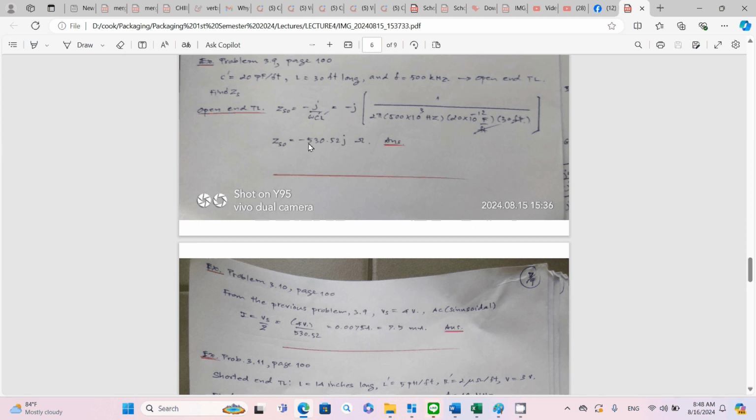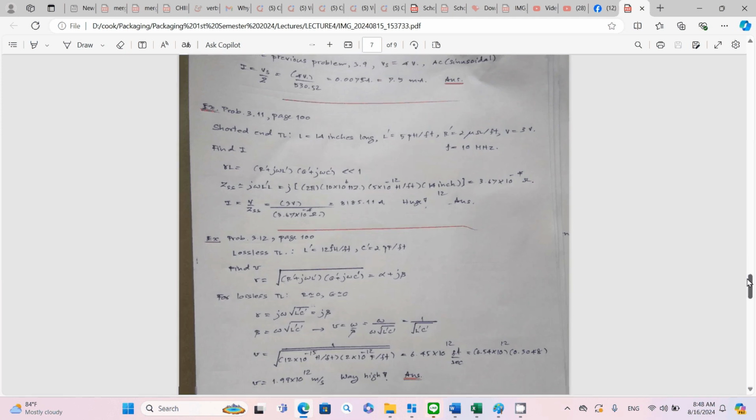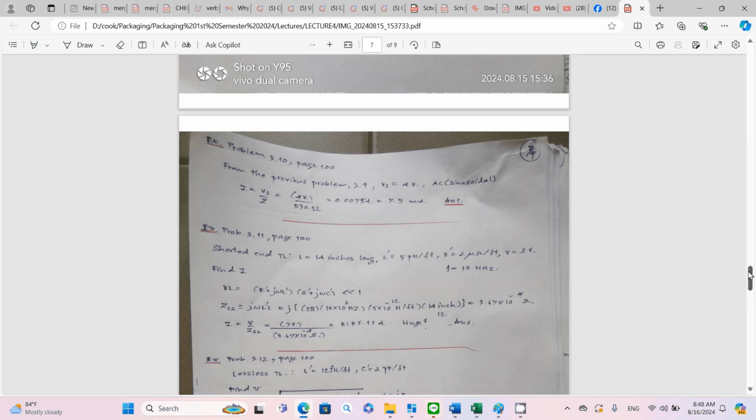For the magnitude, that's 530.52 ohms. So you simply divide the voltage by the input impedance, and you end up with the current being 7.5 milliamps.